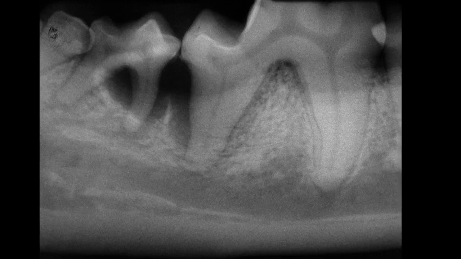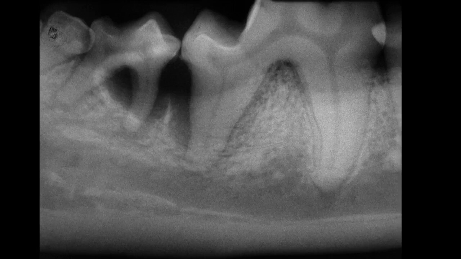The second molar is dispensable, so we would definitely want to extract that because that's part of the reason why that defect's there, obviously, and it's not a highly functional tooth. So extracting that certainly eliminates the potential for that lesion to occur again. If we leave it, then it's very likely going to occur again, so we want to get that out of there. Even if it's a minor defect.